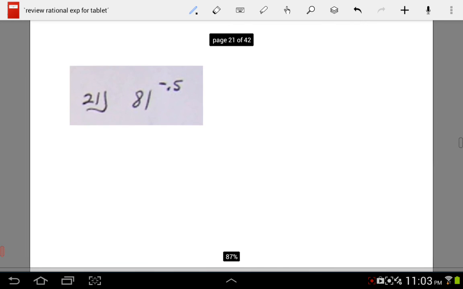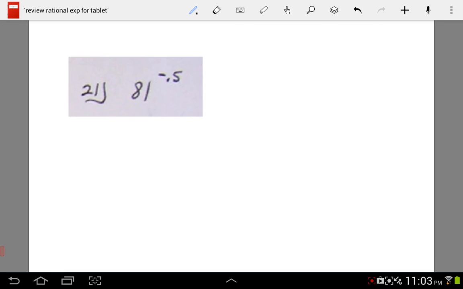Now number 21, we've got 81 to the negative 0.5 power. So again, let's change that into a fraction. So that would be negative 5/10, which is just negative 1/2. Okay, so we'll write this as 81 to the negative 1/2 power. Now we could have made that positive first, I just chose to write it as a fraction first. Now let's make it positive.